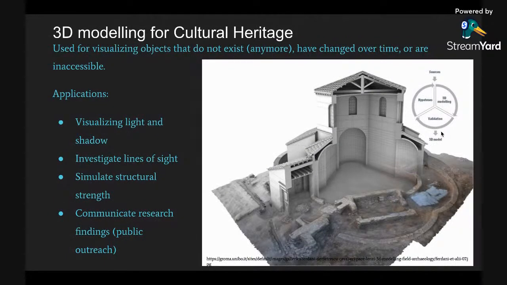In cultural heritage, what we generally use 3D modeling for is, in some way, to test hypotheses. It's partly to communicate those hypotheses, and to communicate both research findings and speculation and interpretation, but it's partly to test hypotheses.